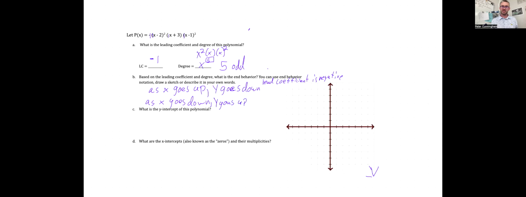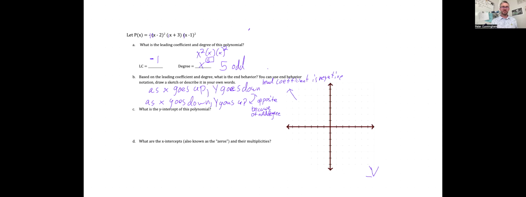I know this because we're odd, so we're going to go opposite. Okay, these are opposite because of odd degree. Okay, so I've got my end behaviors figured out.